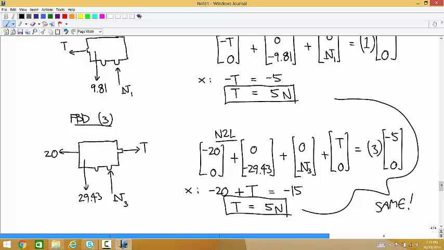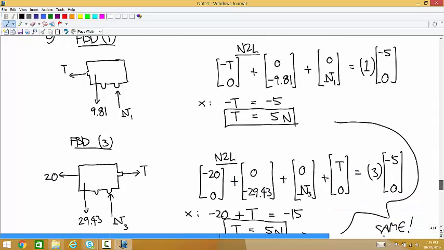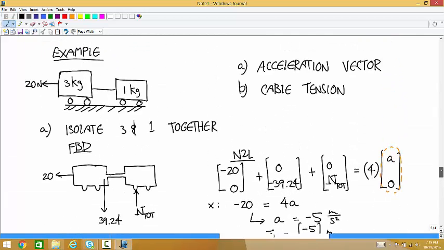For the top one. Why isn't this T pushing on this? If the box is traveling in the negative x direction, why isn't anything pushing on the 1 kilogram box? Well, instead of pushing on it, the cable's pulling on it.